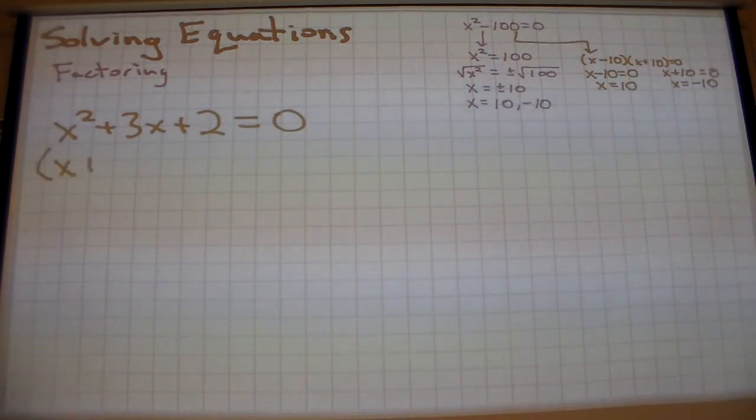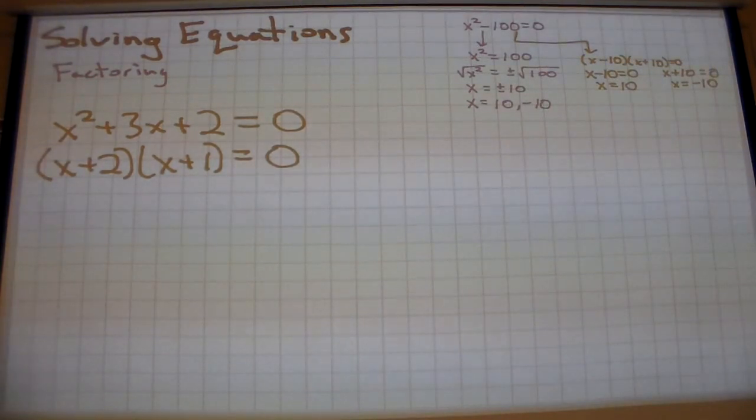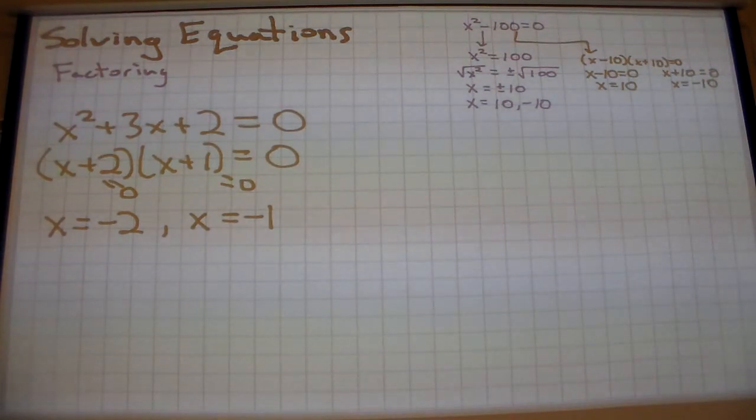So we go x plus 2, x plus 1 equals 0. You set each of them equal to 0 by themselves, and you get x equals negative 2, and x equals negative 1. It's solved. Those are the solutions. So when it asks you to solve, find the solutions, that's all you do.